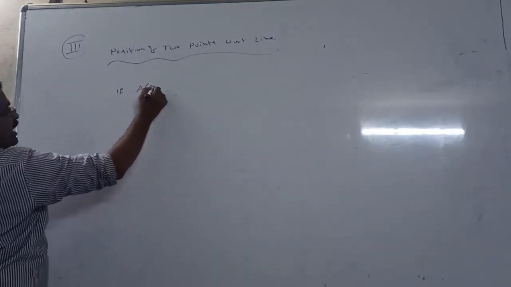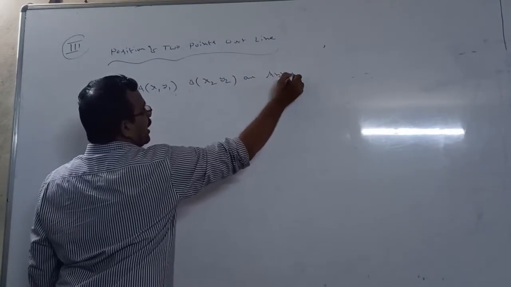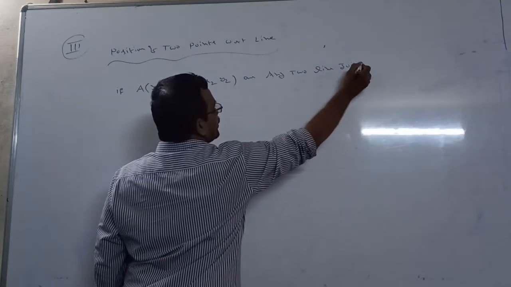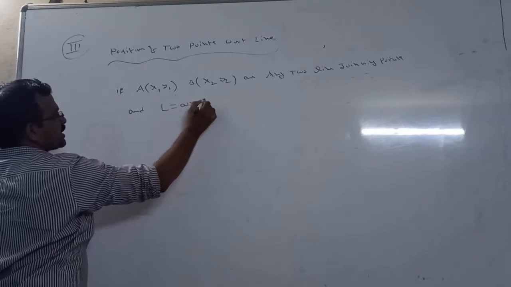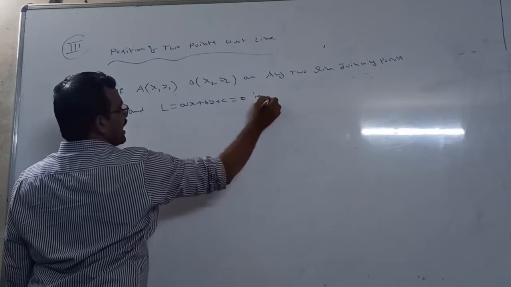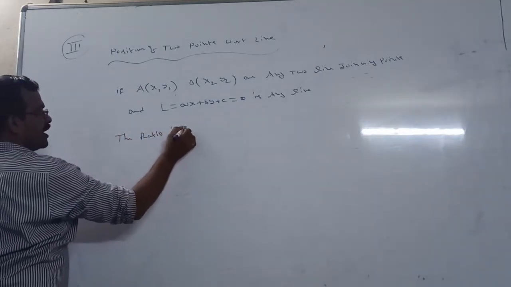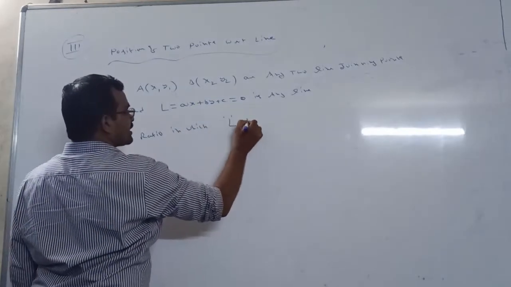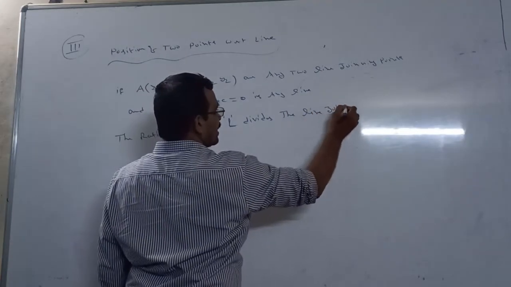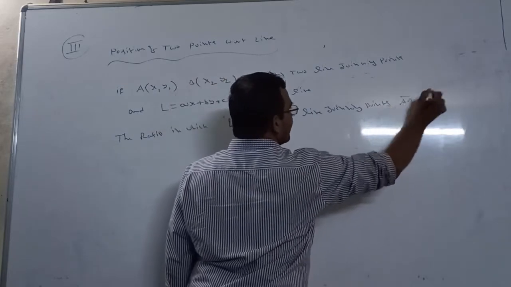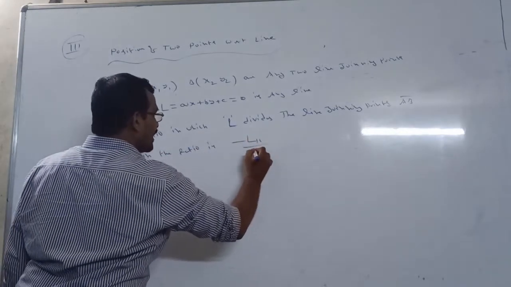If A (x1, y1) and B (x2, y2) are any two points, and capital L, that means ax plus by plus c equal to 0, is any line, the ratio in which L divides the line joining points AB is minus L1 by L2.